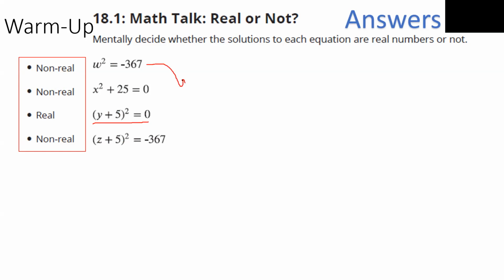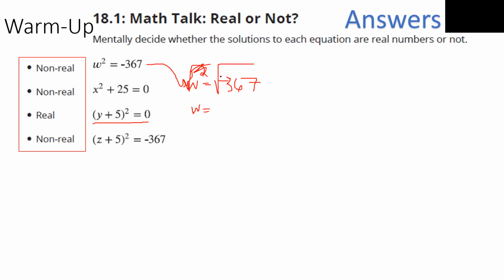So the way I'm going to work it out is like this. We have w squared is equal to negative 367. If I wanted to solve for w, I would have to get rid of this squared. And how do I get rid of a square? I take the square root of both sides. Now, the square and the square root cancel out, and I'm left with w equals.